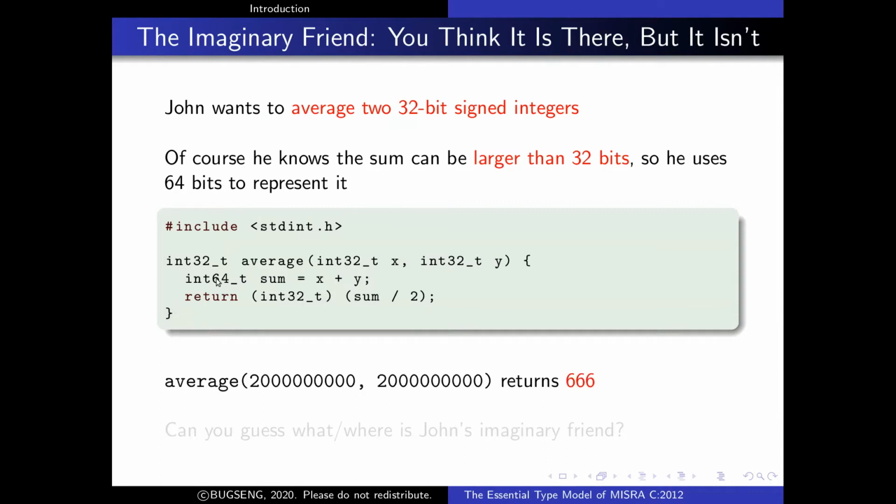However, the average of 2 billion and 2 billion, which should give 2 billion, gives 666 instead. So can you guess what and where is John's imaginary friend? And it's here. So John thought that the addition would have been performed in 64 bits, whereas this is not true.